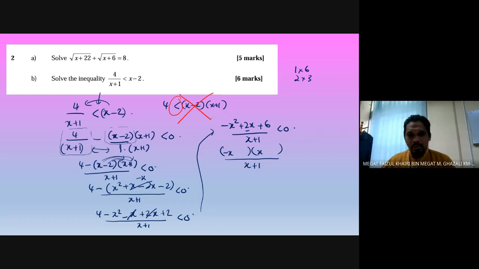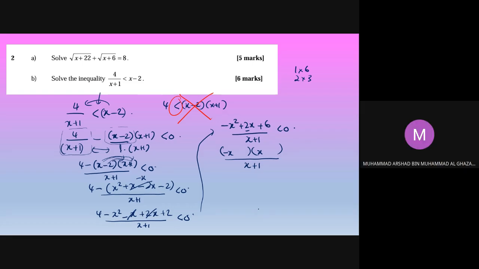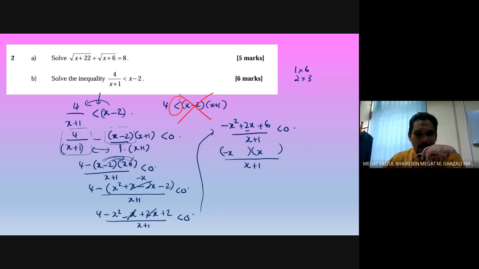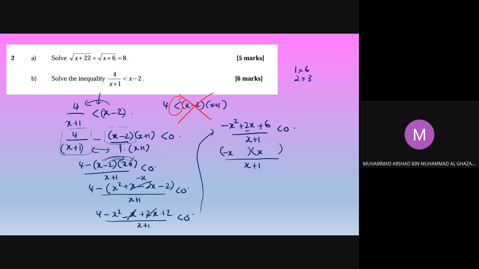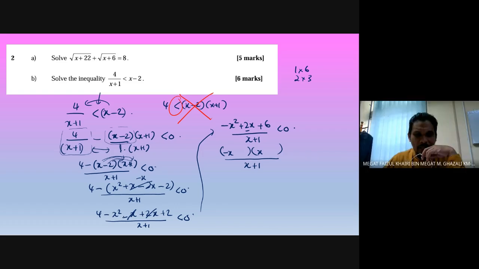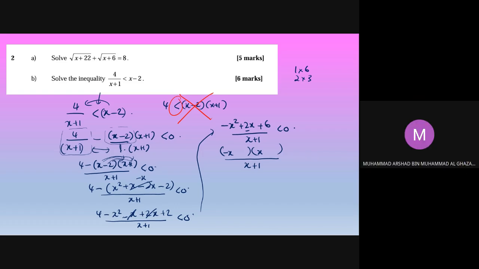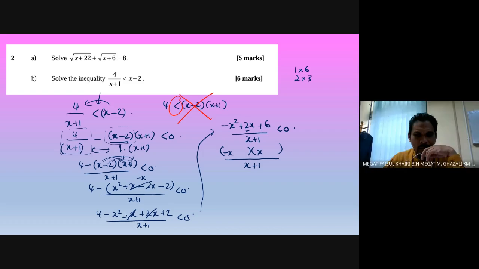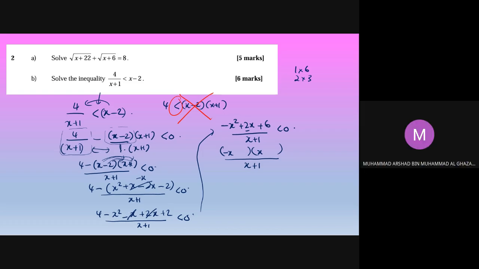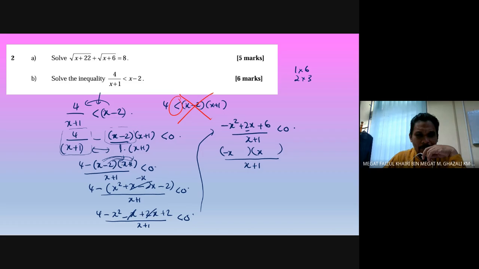Minus x, plus 2x. Which one then? 4 minus x squared minus x plus 2x. 4 minus x squared plus minus 2x plus 2x. Yeah, x squared.